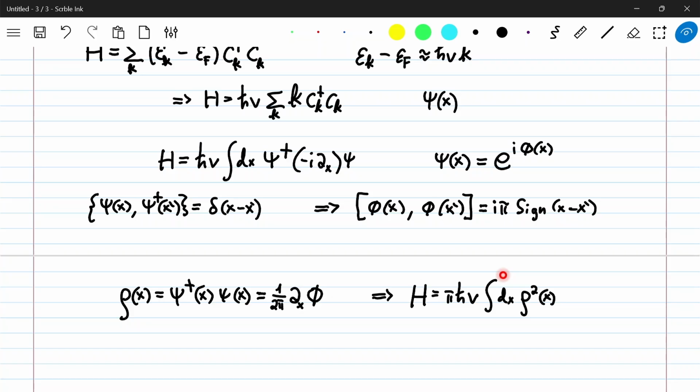Now we can just use the Heisenberg relation to get the time derivative of a density. What is the time derivative of a density? This will give me a continuity equation that will be some kind of a wave equation for this fluid, right? And I can very easily get it from this Hamiltonian.